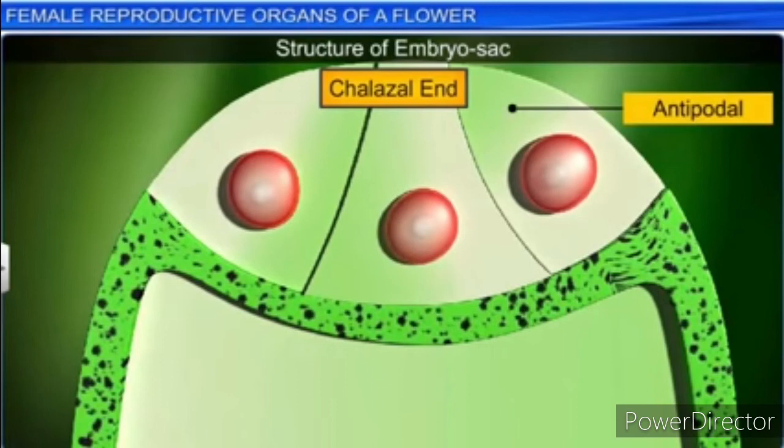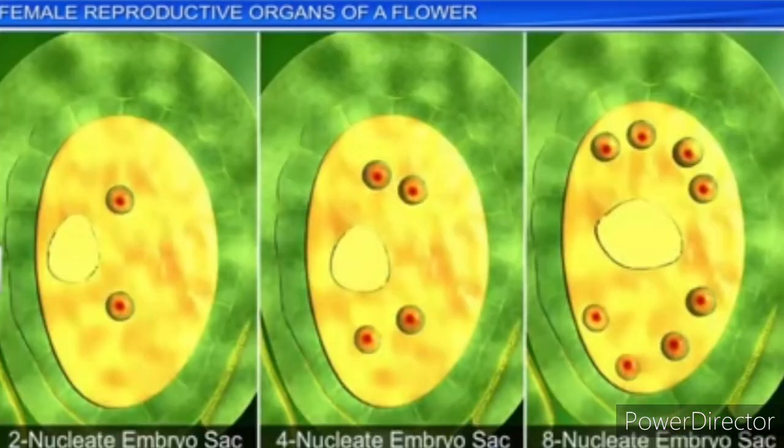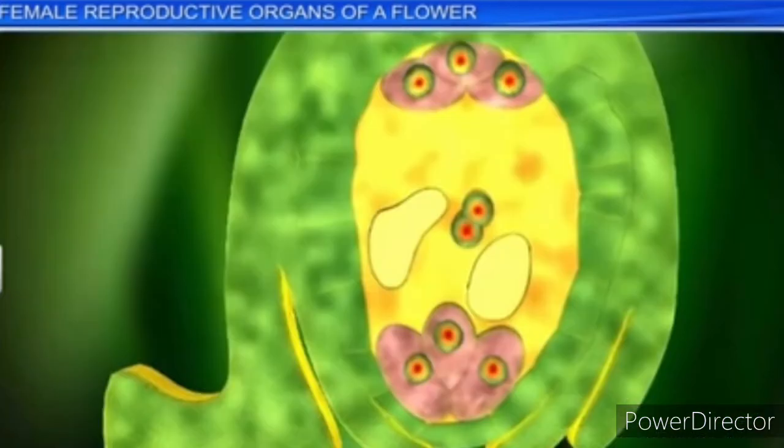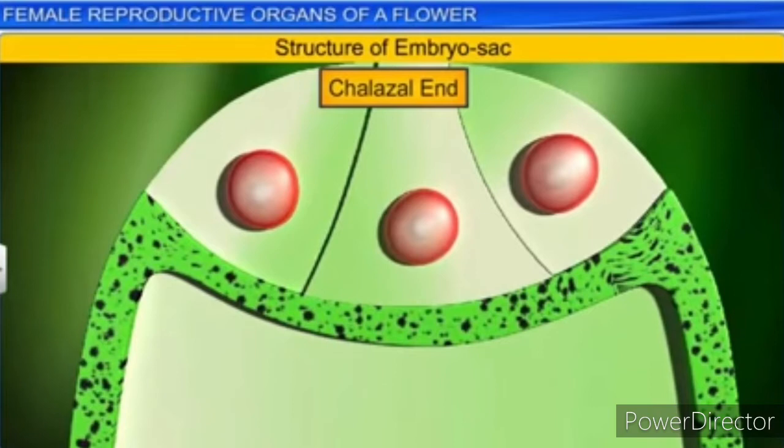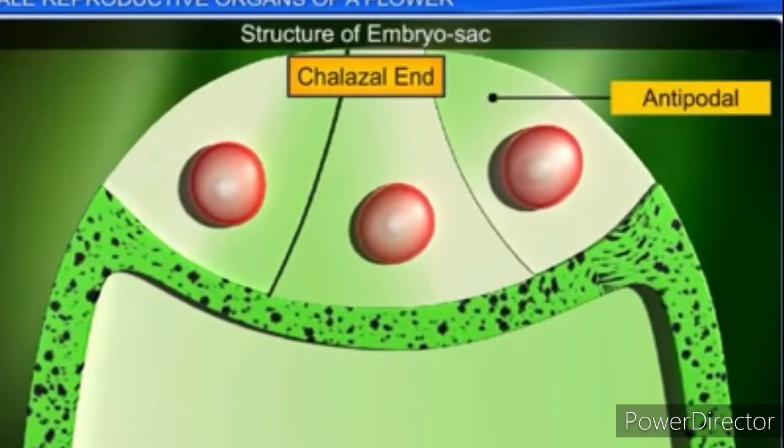So the functional megaspore undergoes the first, second and third mitotic divisions, and 8 nuclei are formed. Of these, 4 are in the chalazal region and 4 in the micropylar region. In the chalazal region, 3 nuclei are surrounded by a cell wall and organized to form the antipodal cells.